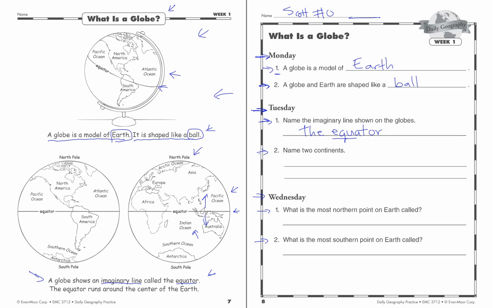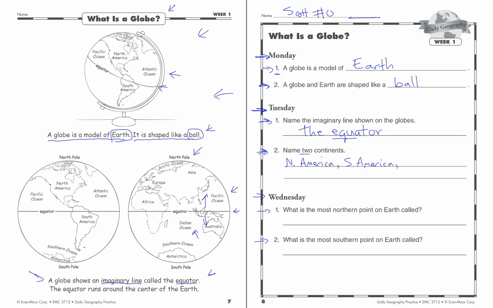All right, and then on number 2 on Tuesday, it says name 2 continents. Well, there are 7 continents shown. And you only needed to name 2. You could write North America. You could have written South America.